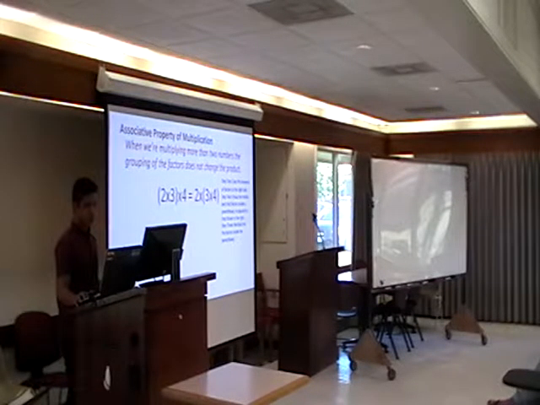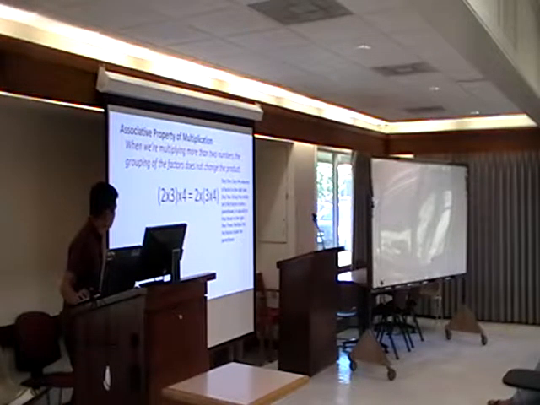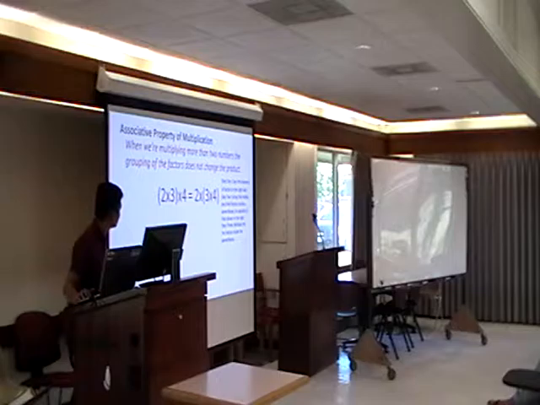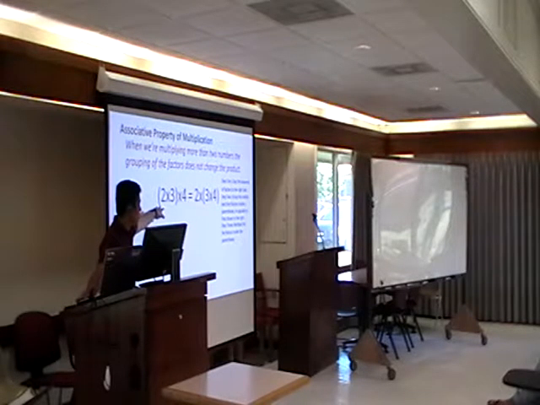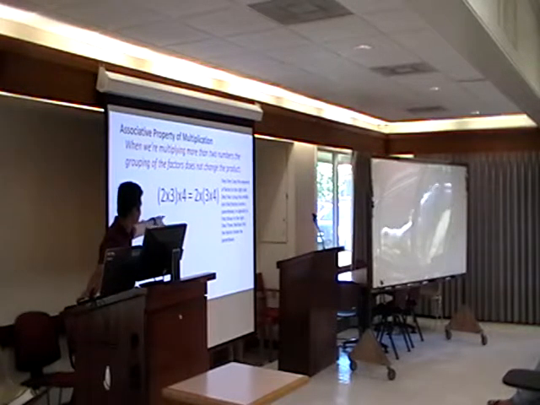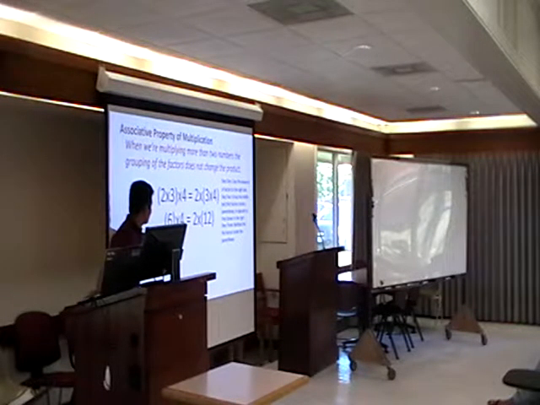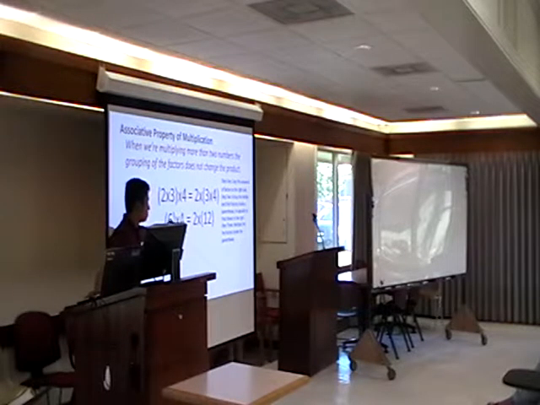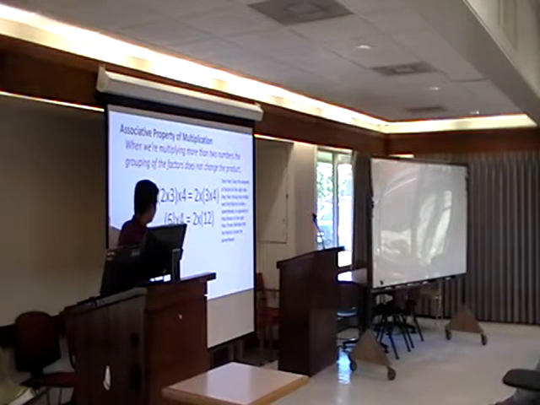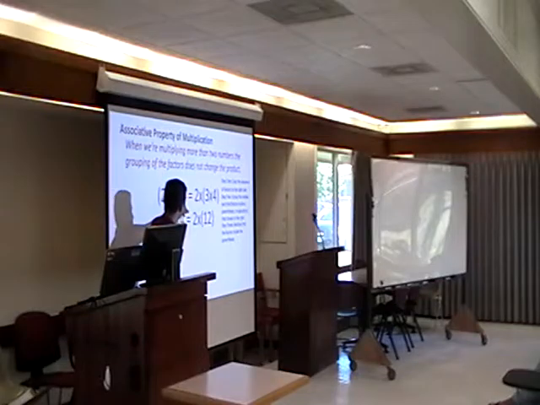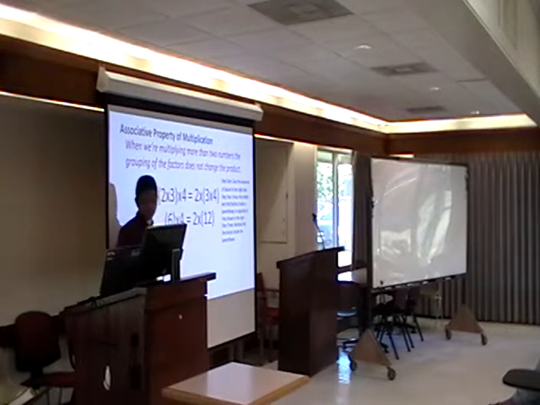Now step 3, multiply first the factors inside the parentheses. So 2 times 3 is equal to 6. 3 times 4 is 12. So 6 and then 12. Okay. And then we're going to multiply the product by the factor outside the parentheses.